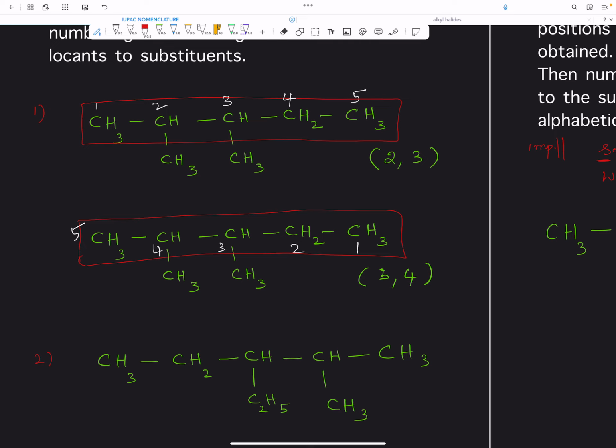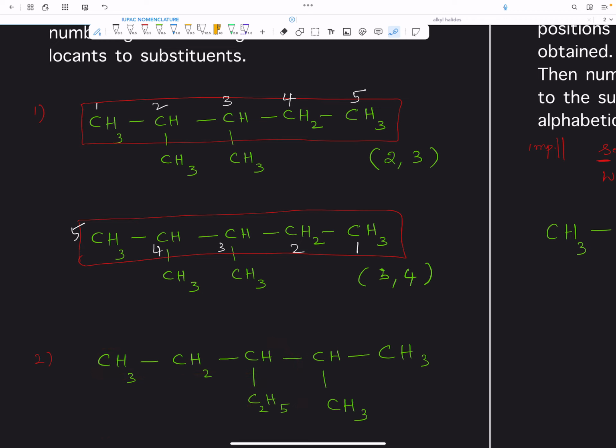Here be careful, the longest chain could be 1, 2, 3, 4, 5, and here another possible 1, 2, 3. Please note that this is an ethyl group which contains 2 carbons. So 3 after 4 and 5 carbon. But whenever we choose this 5 carbon chain as the parent, we get only one substituent.